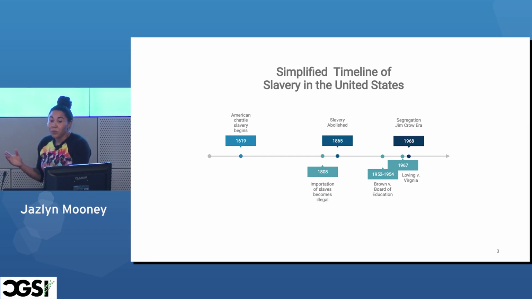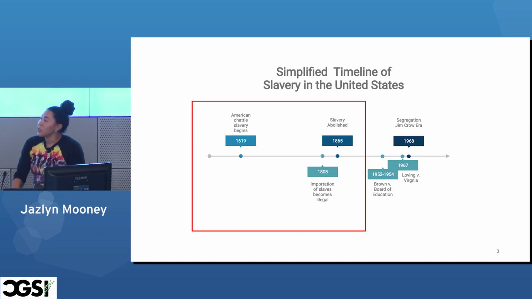So this is a very recent time period. And then after we have the abolishment of slavery, we move into this era that, depending on where you're from, is known as segregation, the Jim Crow era when you're thinking about the South, and that ends roughly in 1968 with the Civil Rights Act passing.